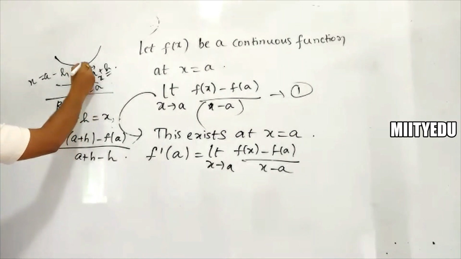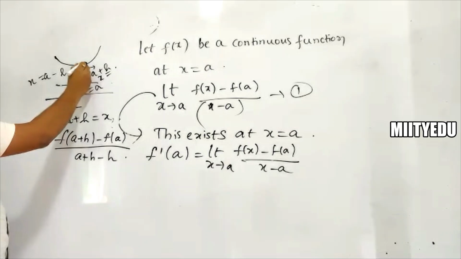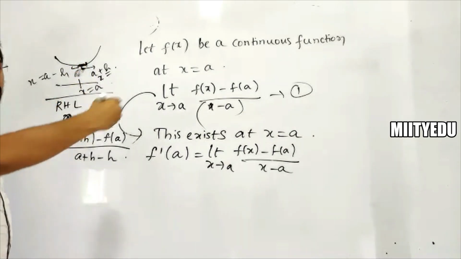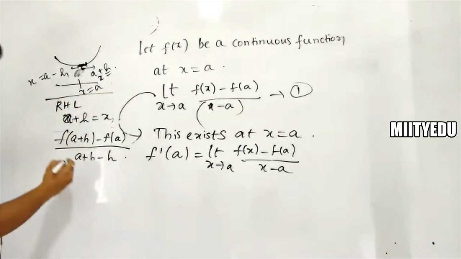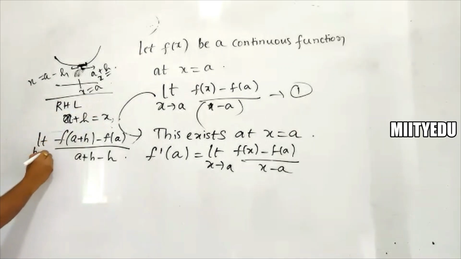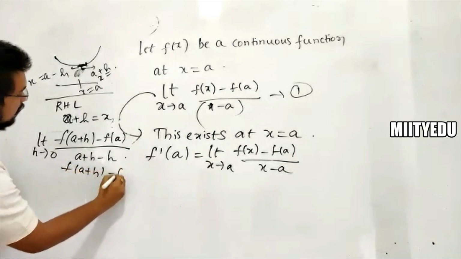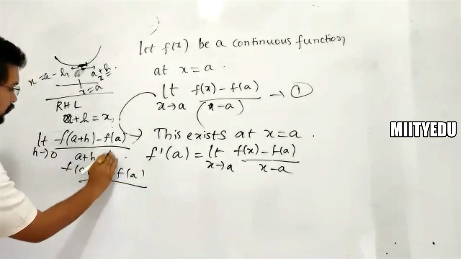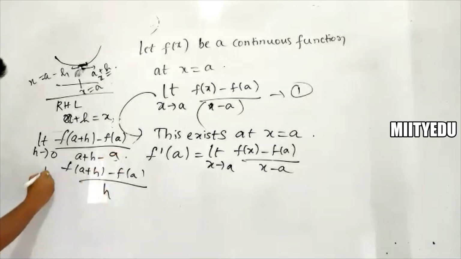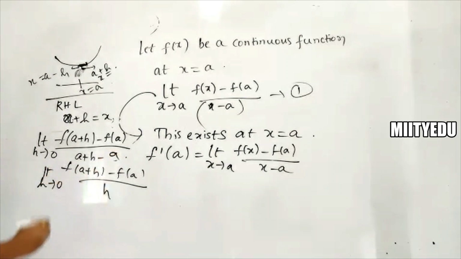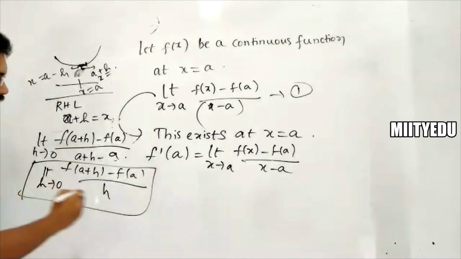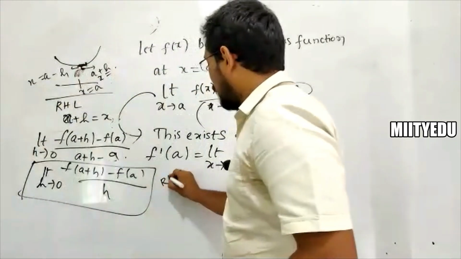As this is moving just a little ahead from this point, it means that it has to be limit h tends to 0 plus. So you will be getting f of a plus h minus f of a by h. This is one part, which you will term the right-handed derivative.